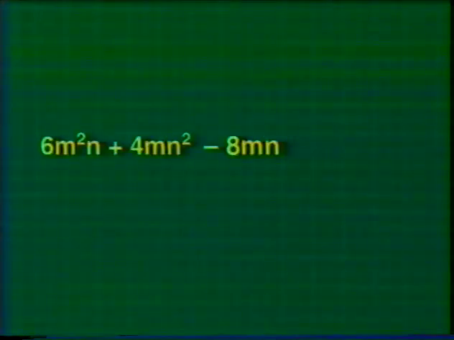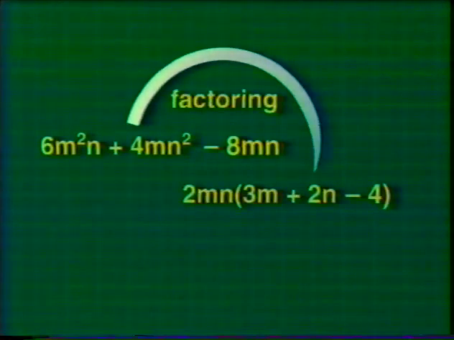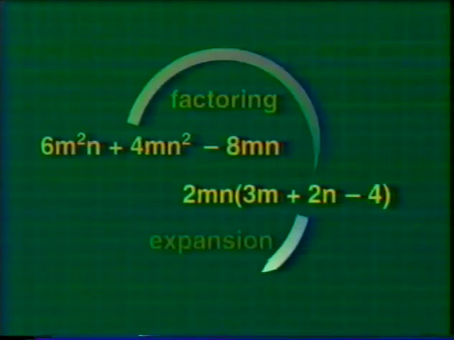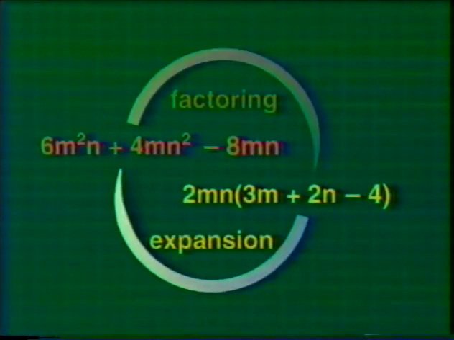The principle is the same. If I factor 6m squared n plus 4mn squared minus 8mn, I get 2mn times (3m plus 2n minus 4). Likewise, if I work backwards and expand, you can see that I get the same expression I started with.